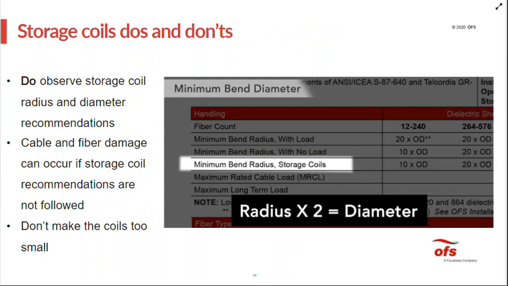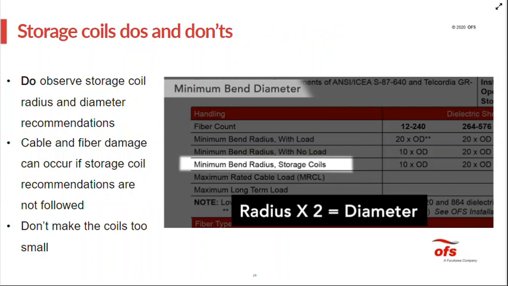Storage coils. I mentioned that OFS does recommend minimum coil diameters for storage coils. You may find that not all manufacturers provide this recommendation in their data sheets. But again, confirm the requirements with the data sheet. And again, remember that the radius is going to be specified in the data sheet.